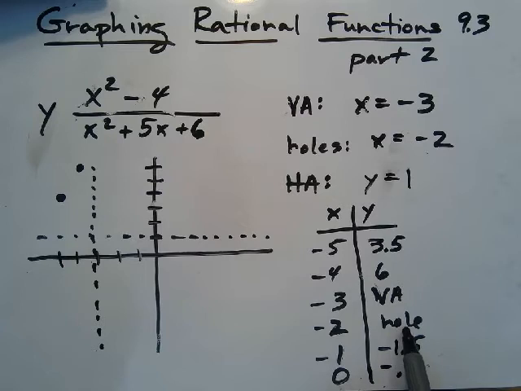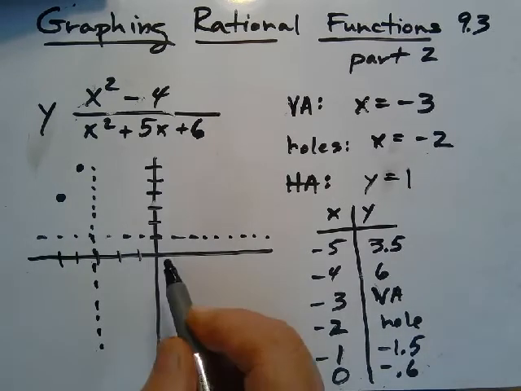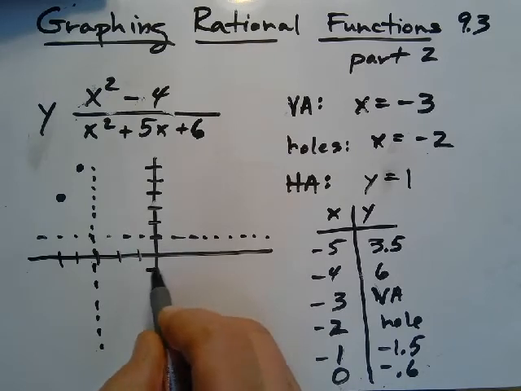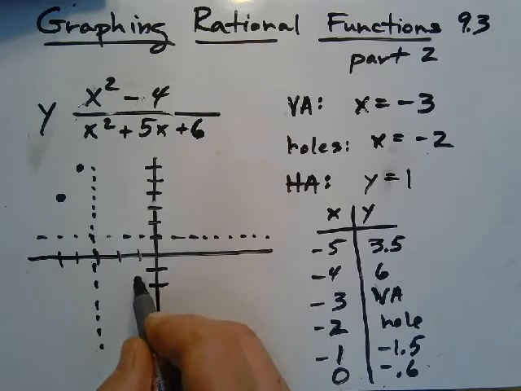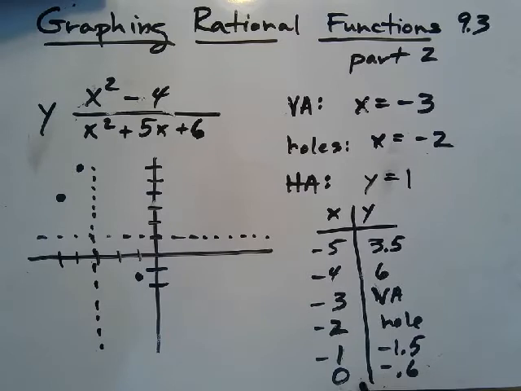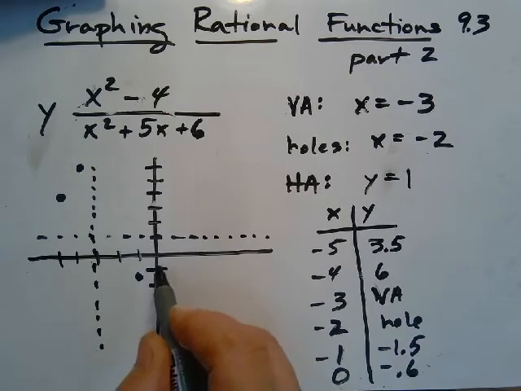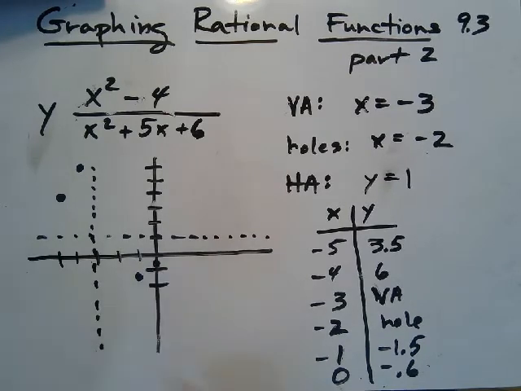We're going to have a hole here at -2. -1 goes to -1.5. -1.5 would be here, and 0 goes to about -2/3, we said, which is about here.